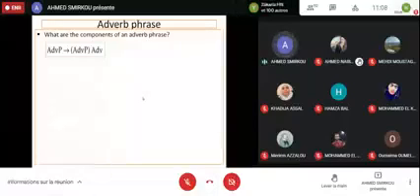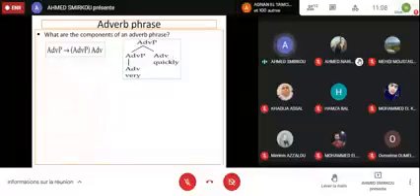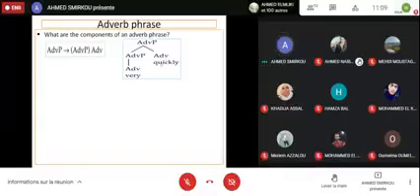So this is an example: very quickly. The head is always the second one, so quickly is the head, and very pre-modifies quickly.